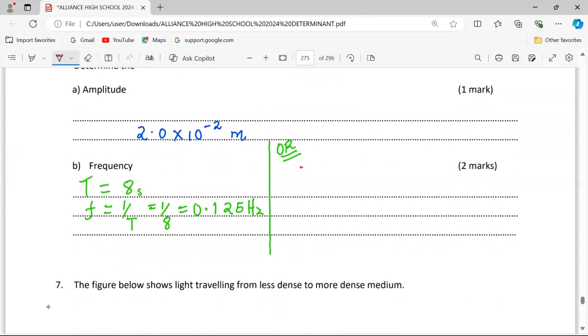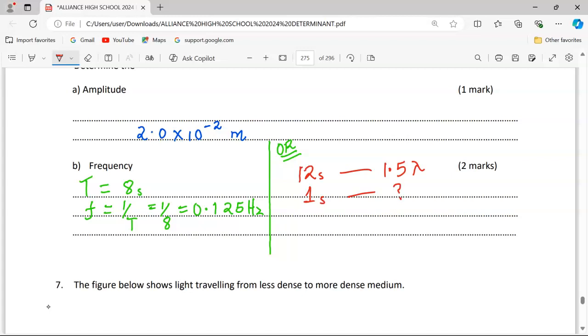So we are saying 12 seconds are being taken to cover 1.5 complete cycles. What is the number of complete cycles in 1 second? So in 1 second, we shall have how many cycles?